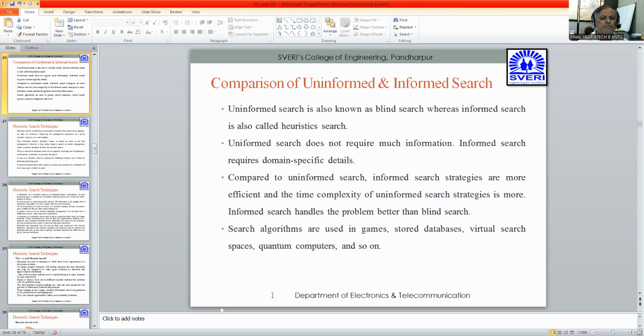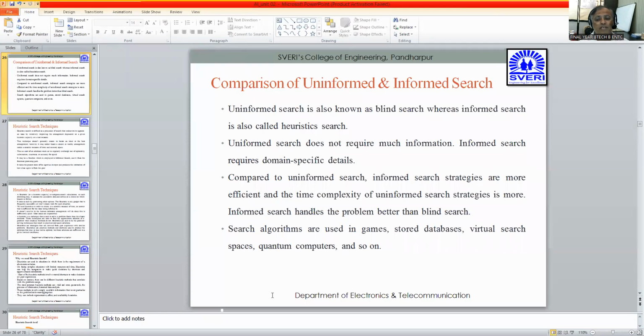Compared with uninformed search, informed search is more efficient, obviously. Time complexity of uninformed is more. Informed search handles the problem better as compared to blind search. And these search algorithms are used in games, stored databases, virtual search spaces, quantum computers, and so on.